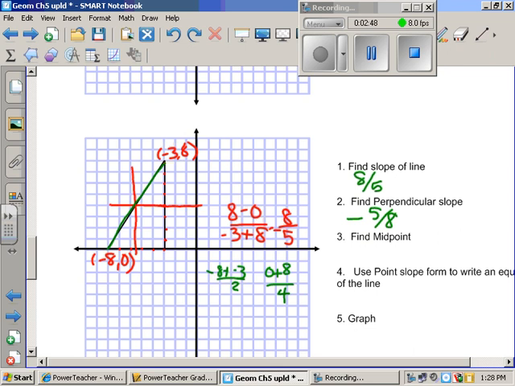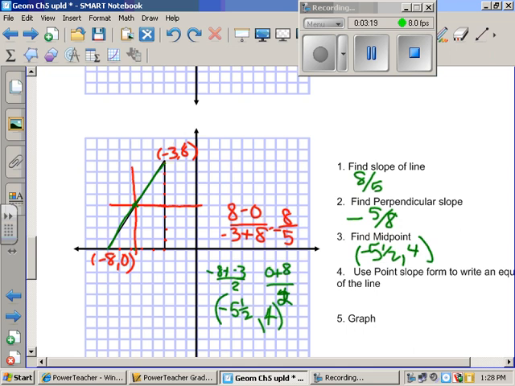So negative 8 plus negative 3 is negative 11, over 2 is negative 5.5. 0 plus 8 is 8, divided by 2 is 4. I was doing that in my head too early. All right, so at negative 5.5, 4, so 1, 2, 3, 4, negative 5.5, 1, 2, 3, 4. So here's my midpoint. The slope is negative 5/8.